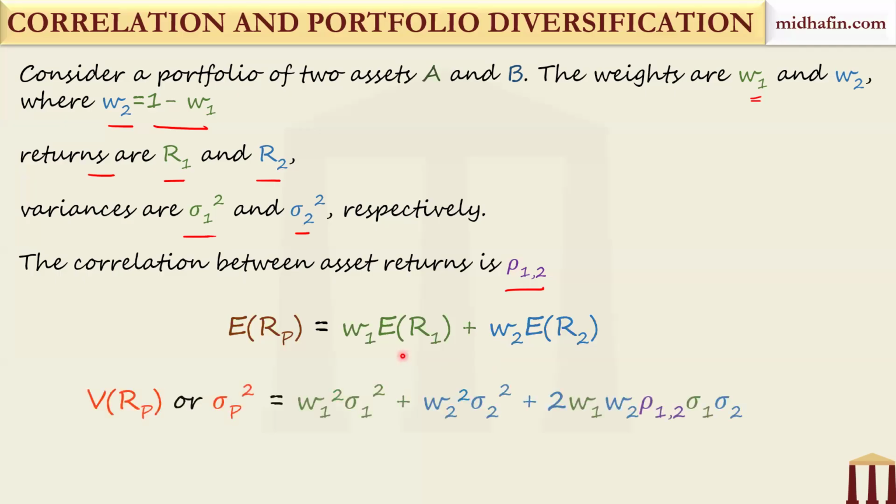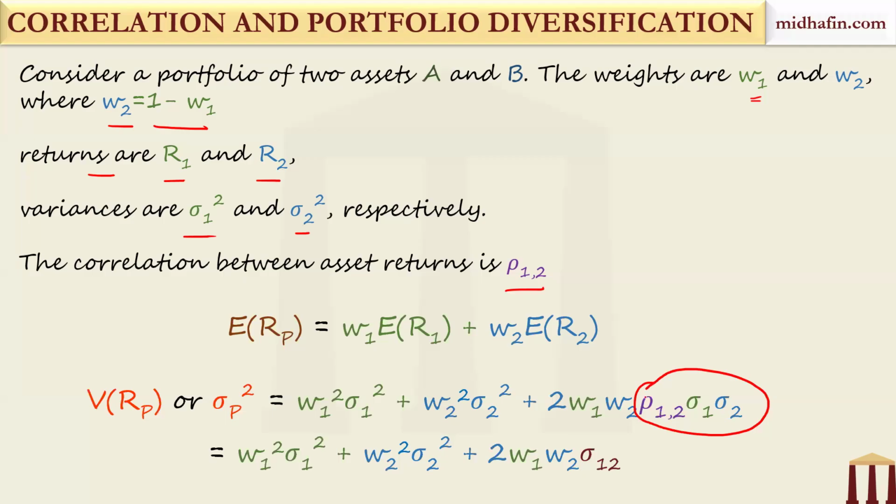And the formula for variance is W1 square sigma 1 square plus W2 square sigma 2 square plus 2 times W1 W2 sigma 12. Sigma 12 is nothing but the covariance. So this sigma 12 is the same as rho 12 times sigma 1 sigma 2 as we saw earlier. This part is nothing but the covariance. This is exactly what we saw earlier in the formula of covariance. Okay, this formula you have to remember by heart.